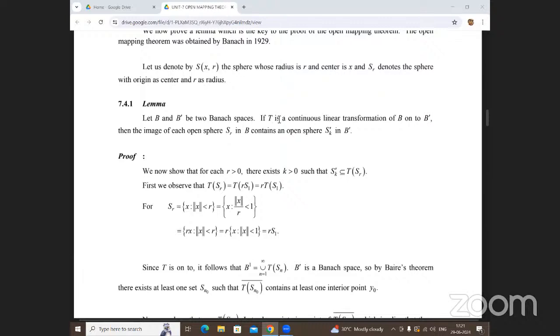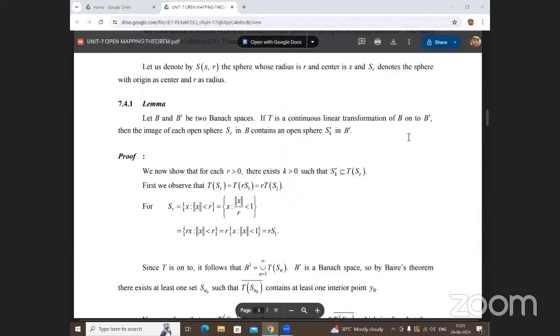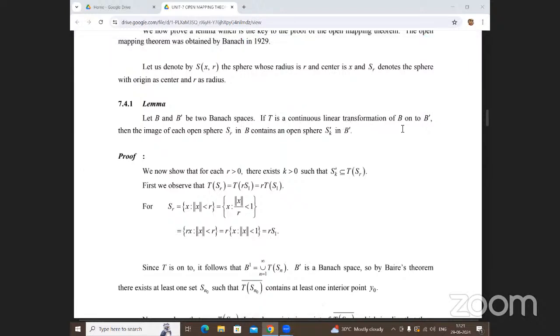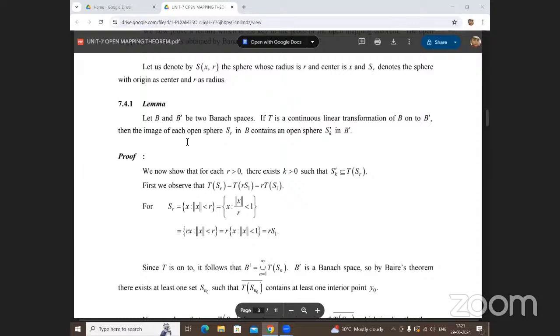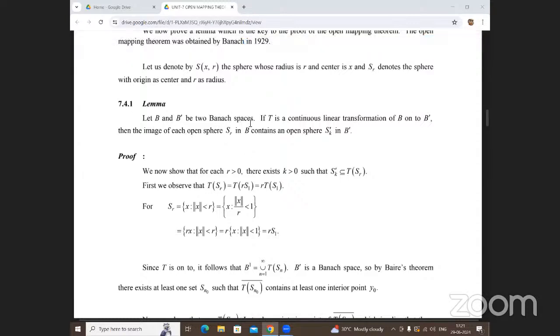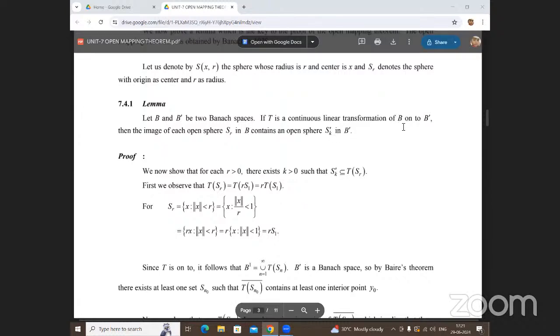Now, if capital T is a continuous linear transformation from capital B onto B dash, then the image of each open sphere in B is considered. B is the domain of the mapping, from B onto B dash.